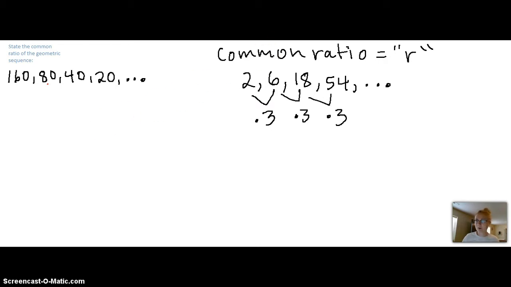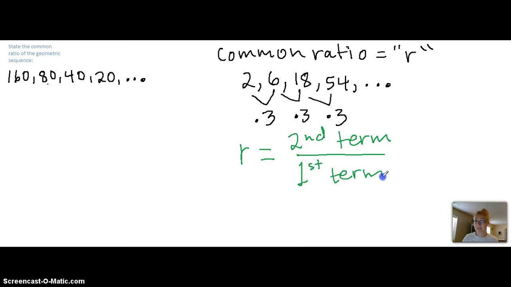The common ratio R, I'm going to put this in this beautiful bright green color so you never forget it. The common ratio R is equal to the second term in the list divided by the first term in the list. The way we say that is A2 divided by A1.